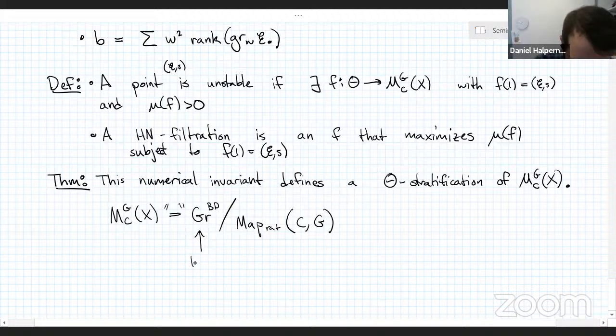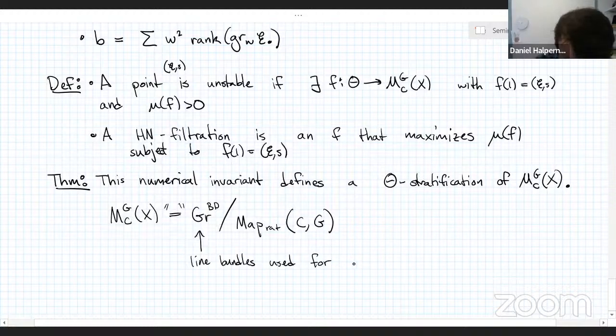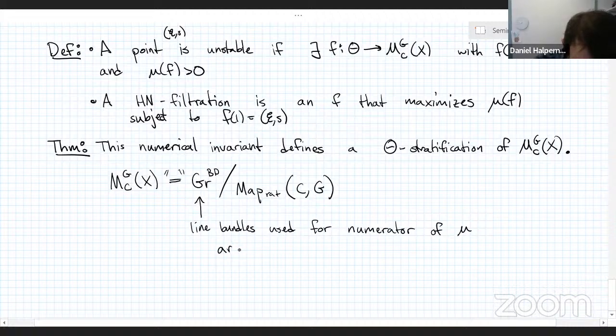So the line bundles used of mu are ample on this affine Grassmannian.